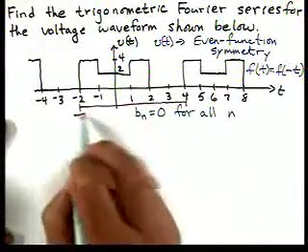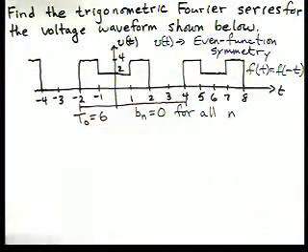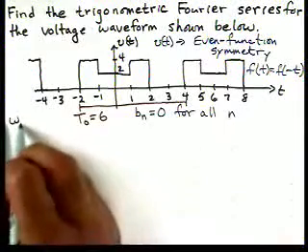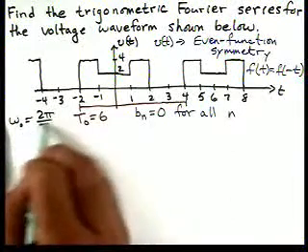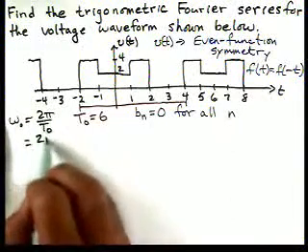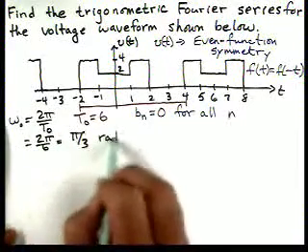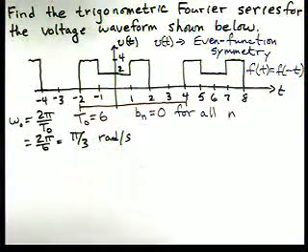Our function has T0 equal to 6, so omega 0 is 2 pi over T0, that's 2 pi over 6, or pi over 3 radians per second. We know that the b_n's are all 0, and now we need to calculate the a_n.